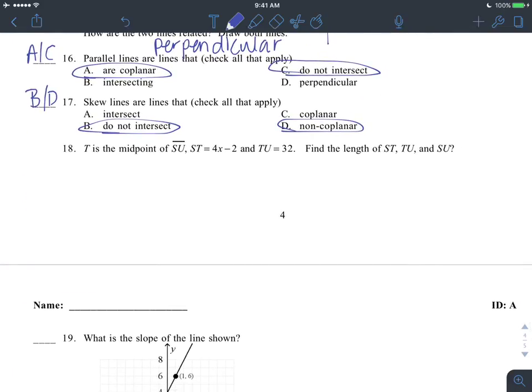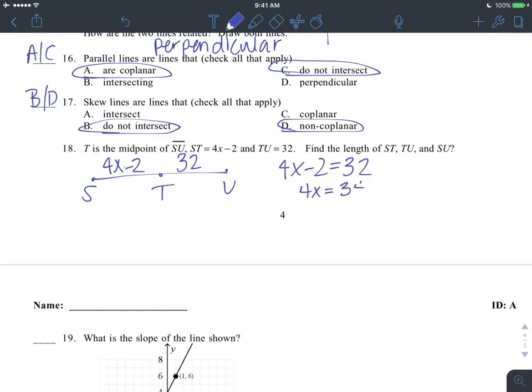All right, we have another midpoint problem. So T is the midpoint of SU. ST is 4x minus 2. TU is 32. So we're going to be setting these equal to each other again. Okay, so we're going to add 2 to both sides. 4x equals 34.